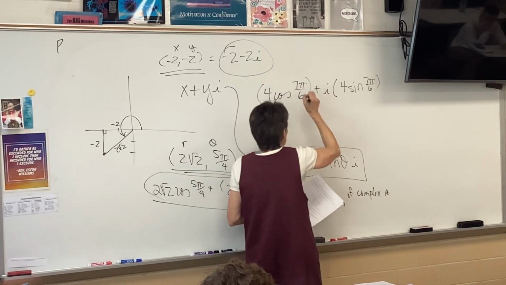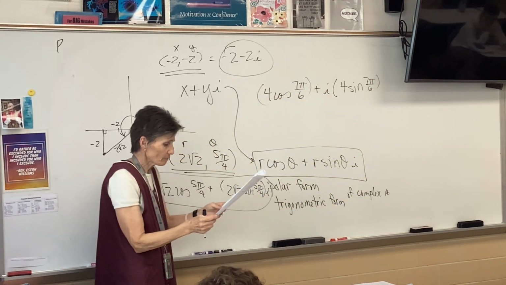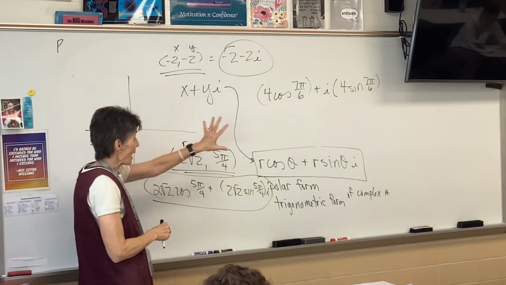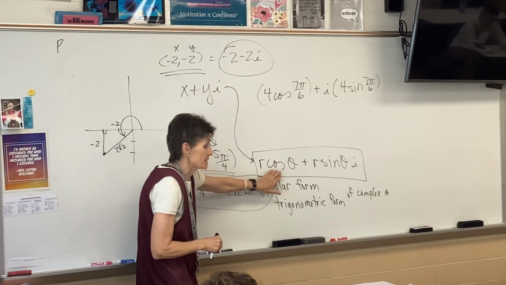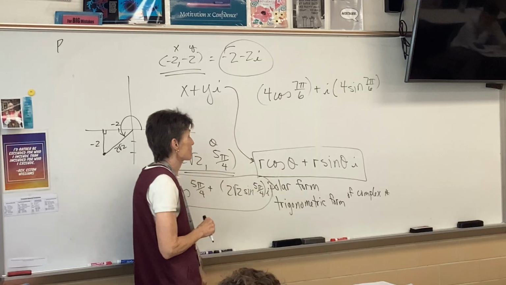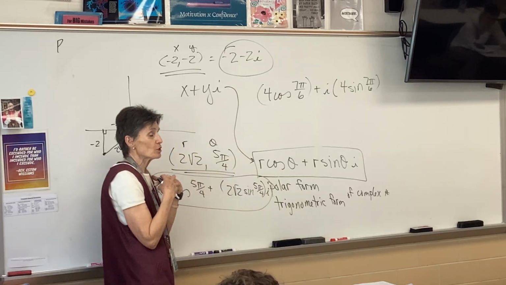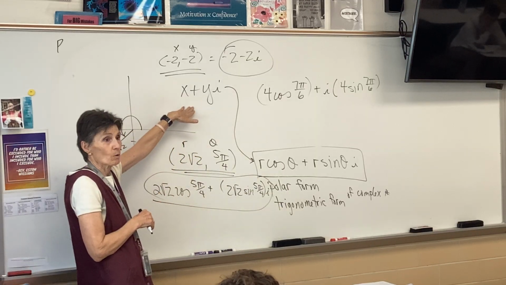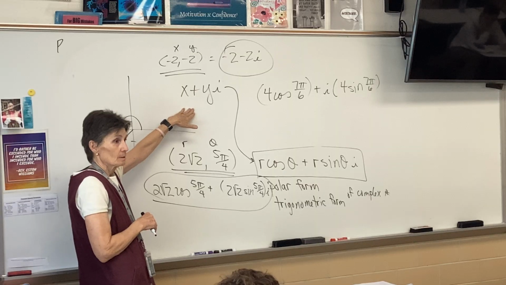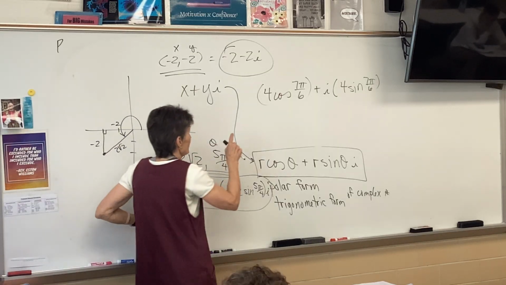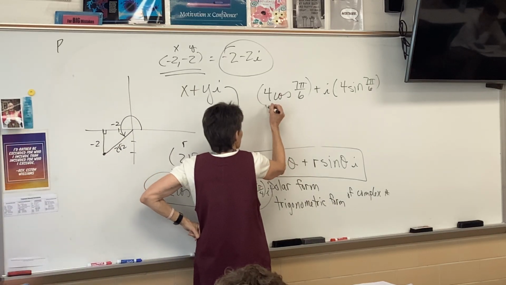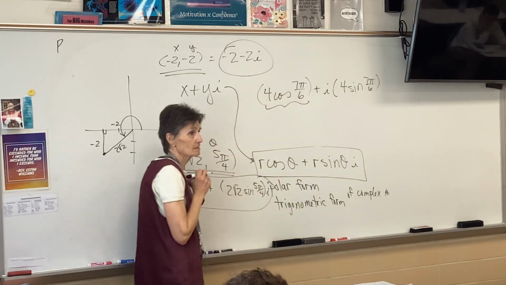You don't really need all those parentheses, but I'll put them in. So that is a complex number. We want to change it to its rectangular form. Isn't this just x?